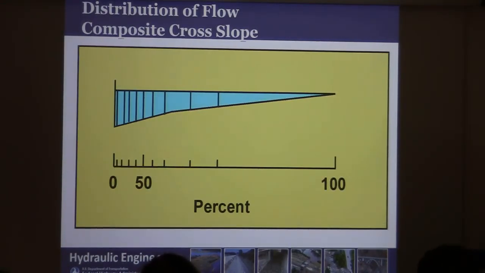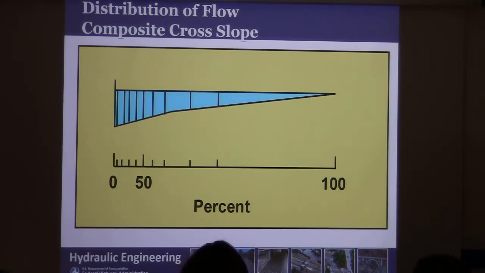And in the composite section that we showed, it's saying that 73% of the flow is in 25% of the width. And that's one of the reasons you might want to use a composite cross slope, because your gutter can handle more flow, and it's going to be a little more efficient.